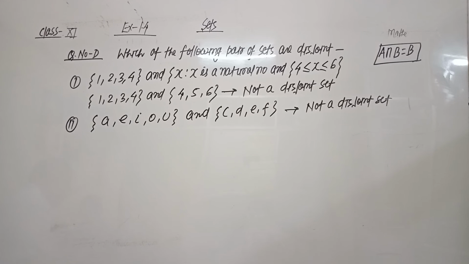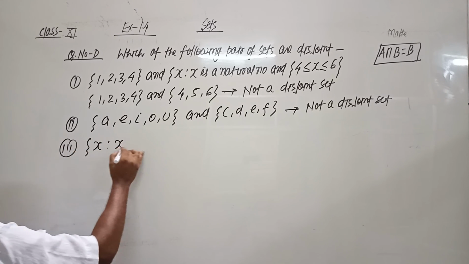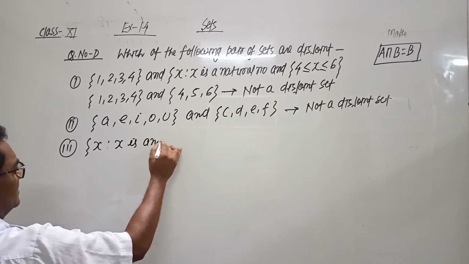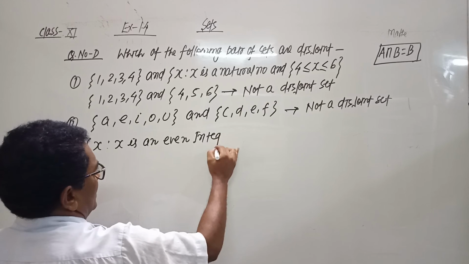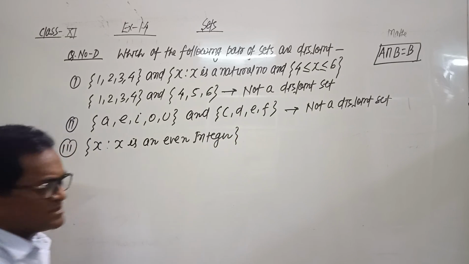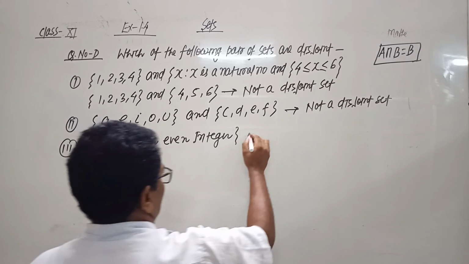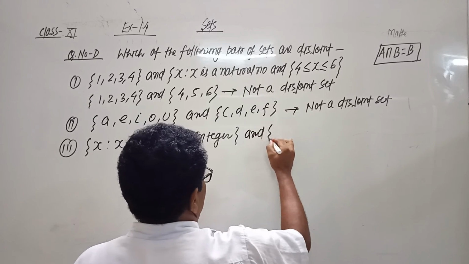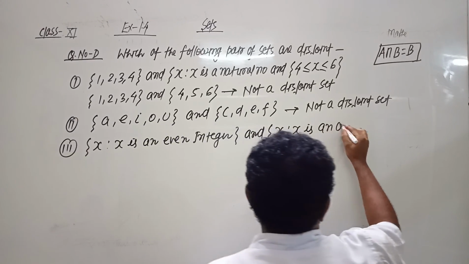Third part, {x such that x is an even integer} and another set is {x such that x is an odd integer}.